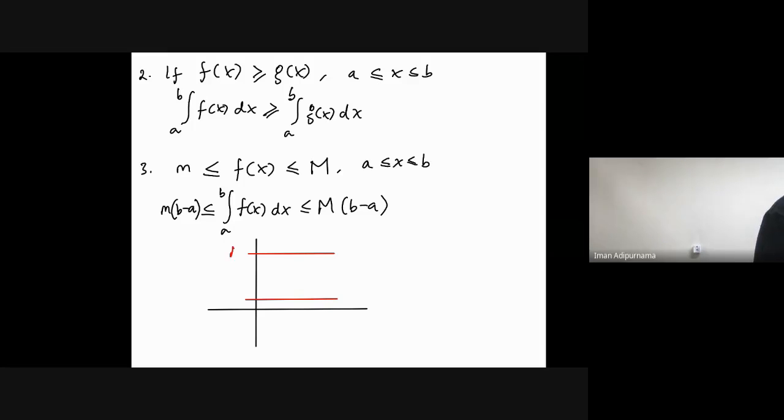Let's say this is the big M, this is the small m. Let's say that's the function, and we have a here and b here.